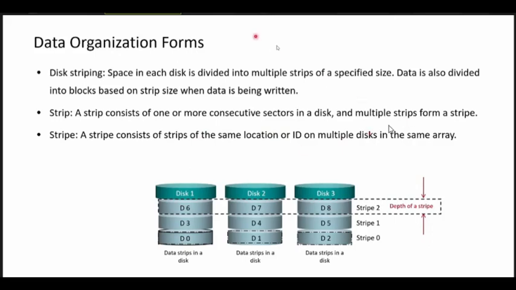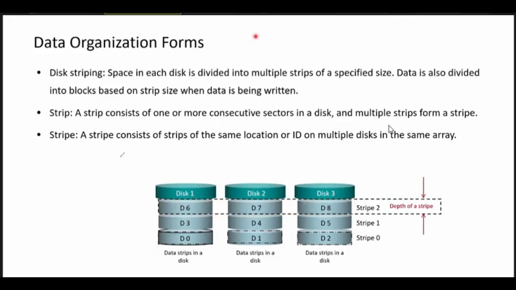So basically like this. This is a strip. This is a stripe. Okay, makes sense? A strip is basically a sector on the disk. A stripe is multiple strips across disks combined together. How do you understand stripes better? Simple. However many disks you have in the array, that's how many strips you'll have in a stripe.